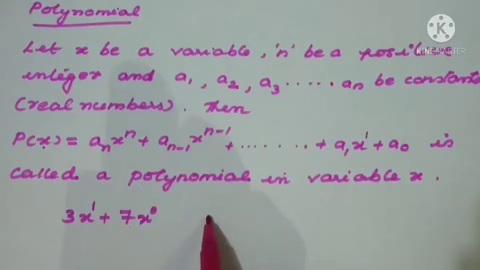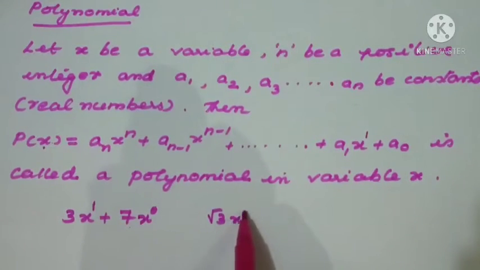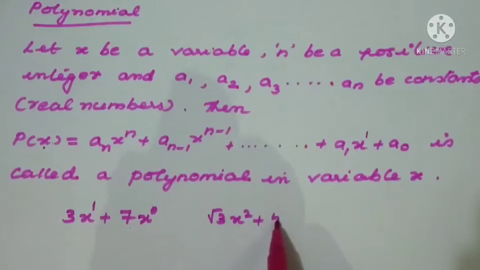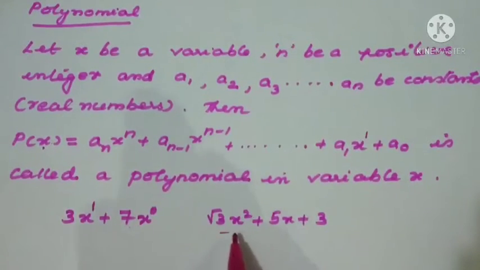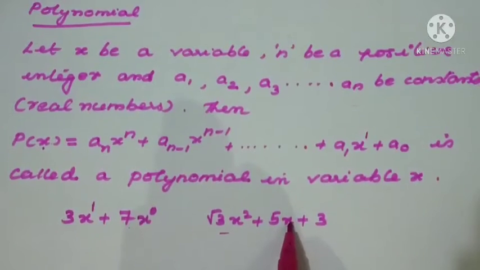Now another example, root 3 x square plus 5x plus 3. So what is this one? Whether it is a polynomial we will check. It's a variable x only we have used here, and the power of x is 2 here, power of x is 1 here.